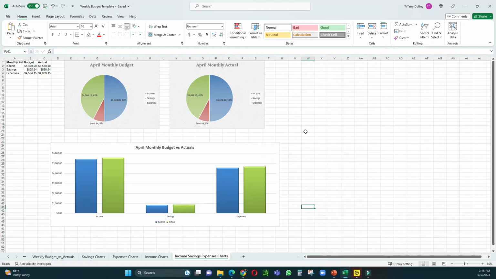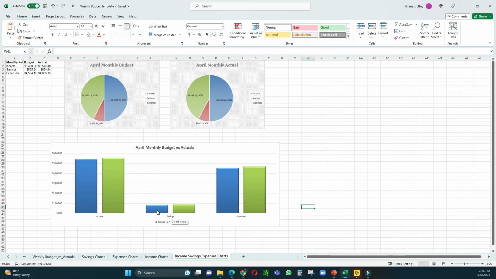And then finally, let's say I want to actually look at my income versus my savings versus my expenses. You can see that this is how much you're making and this is how much you're spending versus how much you're saving. And this, again, is definitely another view of this. You can see here that you're budgeting $5,400 for your income, but you actually made $5,570 in your income.